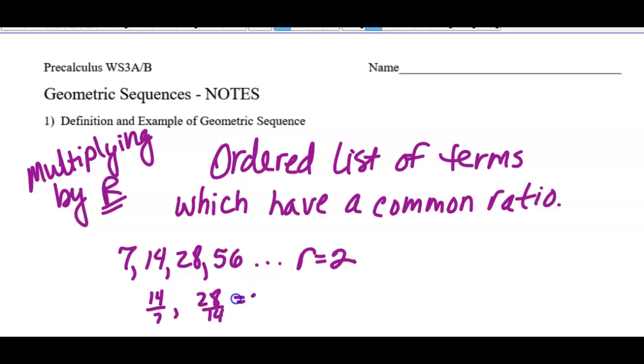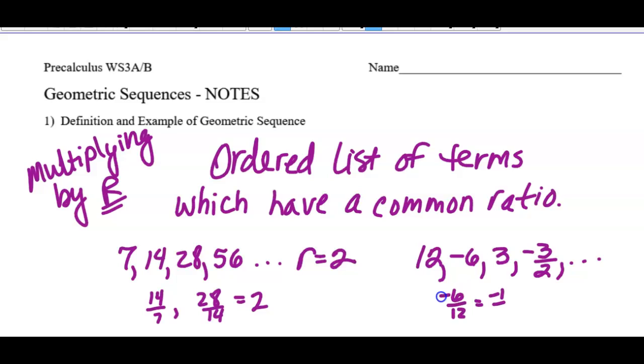Okay? Anywhere. Now, we could have a list of numbers like 12, -6, 3, -3 halves, where -6 over 12 is -1 half. 3 over -6 is -1 half.